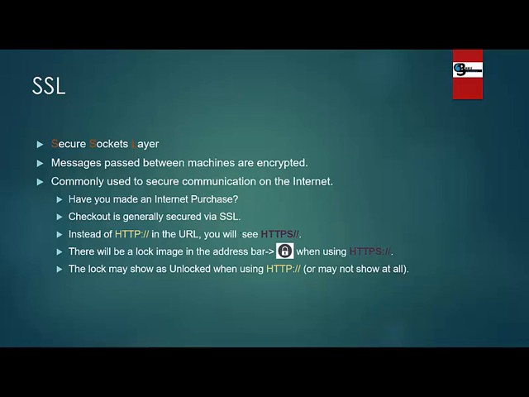My colon's in the wrong place there. It should be HTTPS://. What you'll also see is a lock image in the address bar, some kind of padlock, and it'll show it's locked when you're using HTTPS. The lock will show as unlocked when we're using HTTP, or it may not show at all.